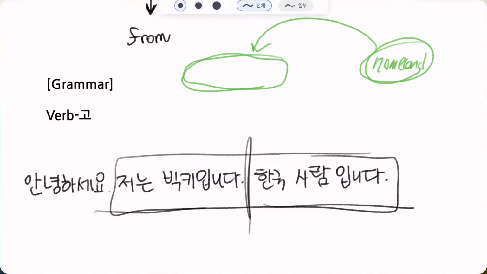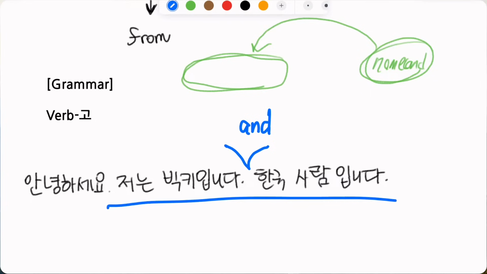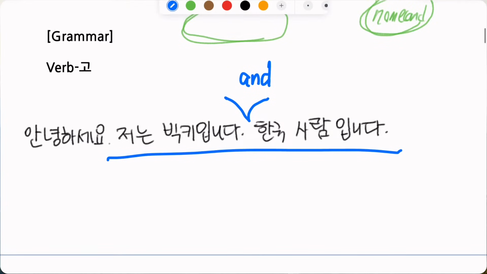But we want to make our sentences more neat. The neater, the better, and shorter, the better, always, right? So let's try adding and between the two sentences and make these two one. You can say 저는 비키.